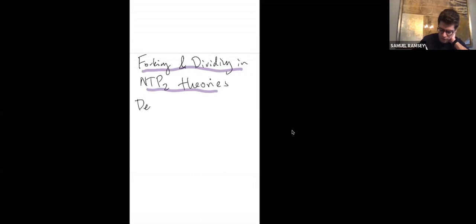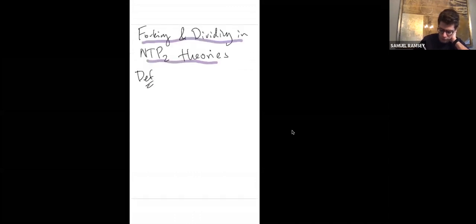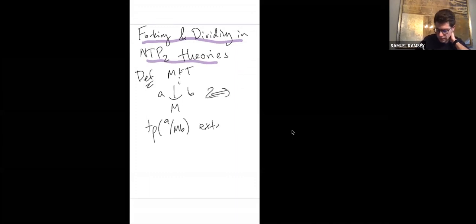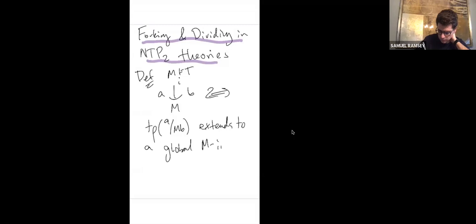let me just fix some definitions. I can't remember if I defined it in this class, so I'm going to write it this way. If I have A, B, and M, let's say M is a model of the theory, then A is independent from B over M in the invariant sense if and only if the type of A over MB extends to a global M-invariant type over M. So this is one way in which these are independent.